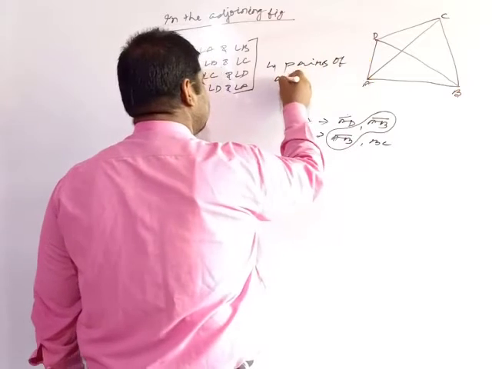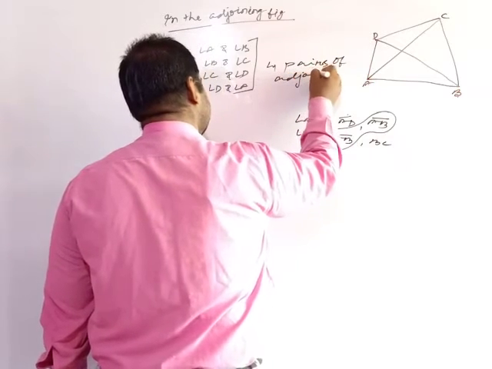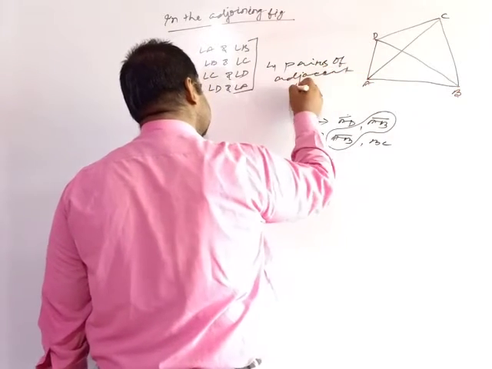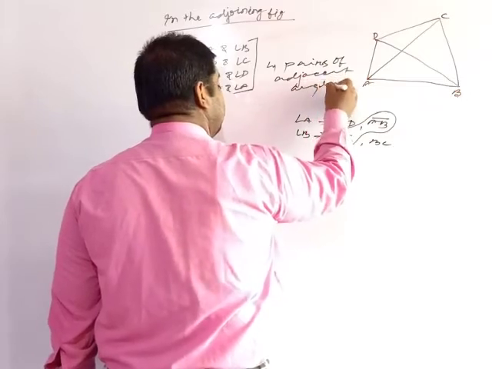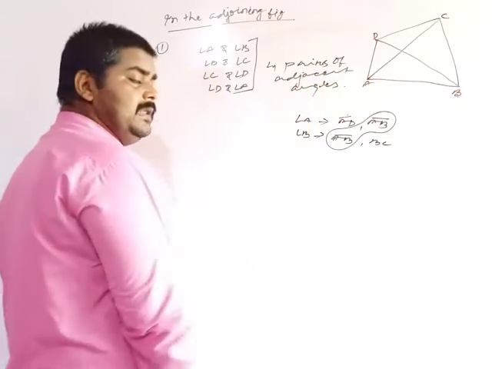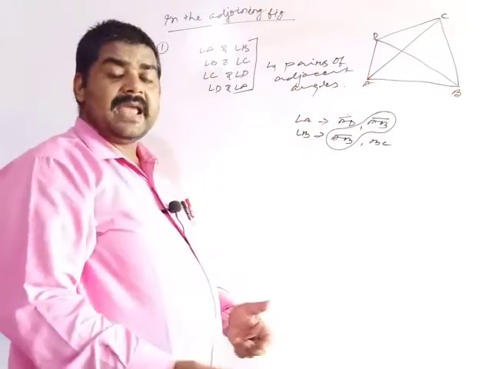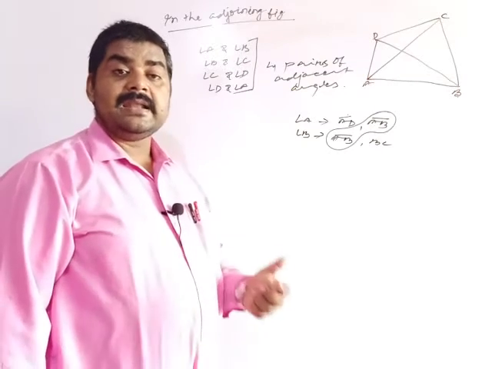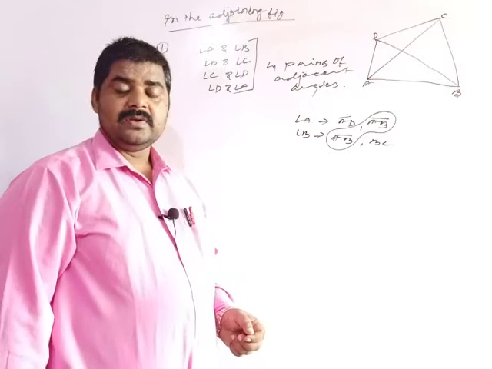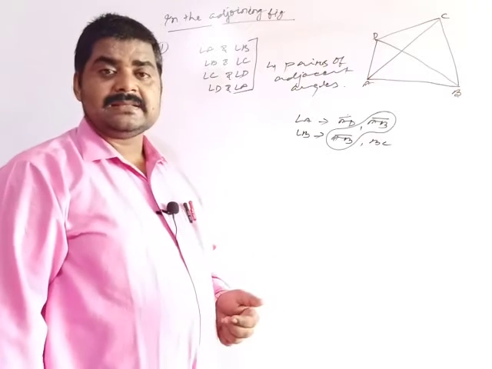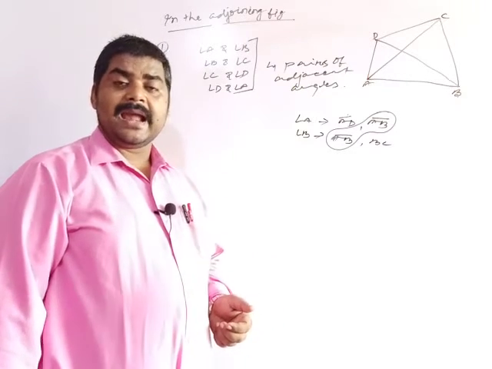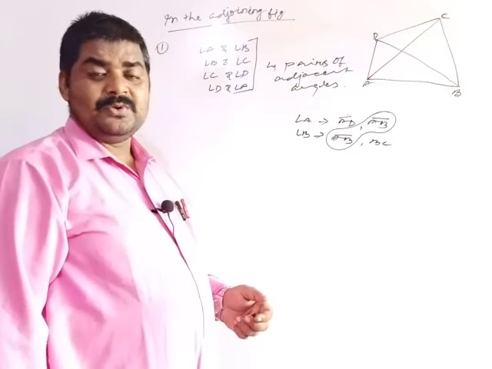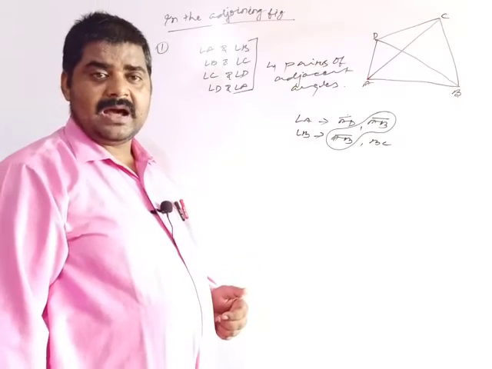The fourth question is opposite angles. Now it has been given in the question: opposite angles. Actually, opposite angles means non-adjacent angles. And which two angles are known as non-adjacent? Those having no common arm.